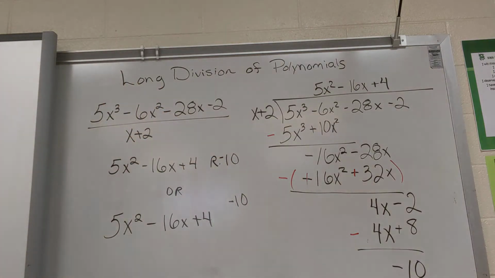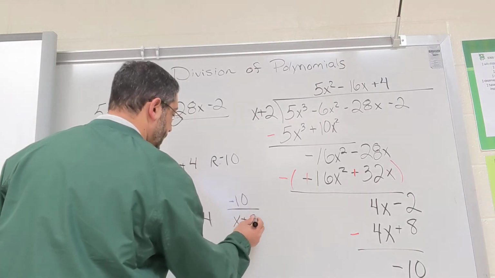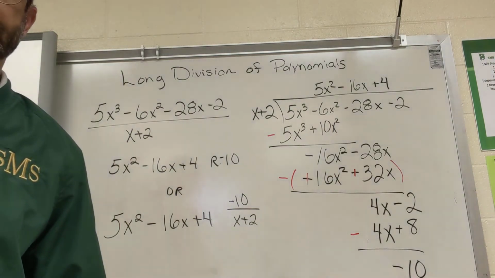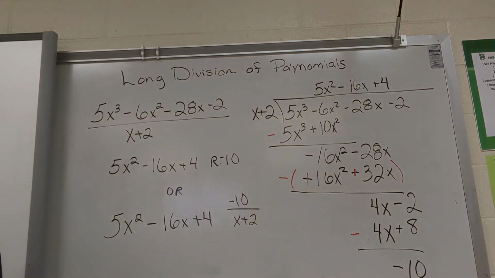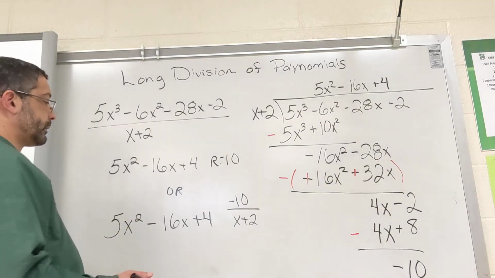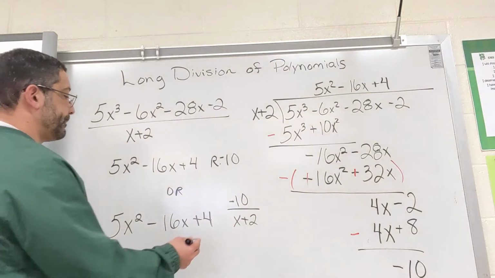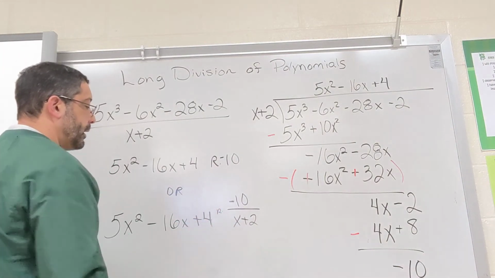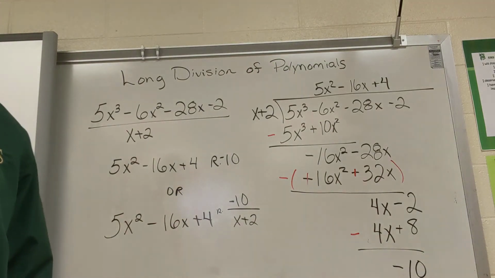Your remainder would be the negative 10 over x plus 2. Okay? That's what your answer would look like. So remainder of negative 10, or the remainder of negative 10 over x plus 2.